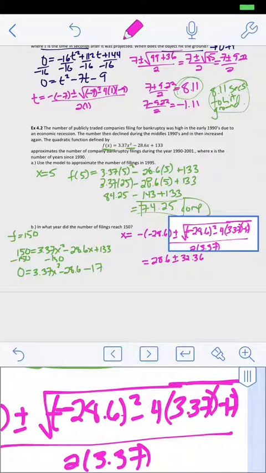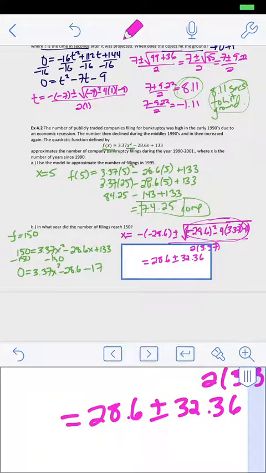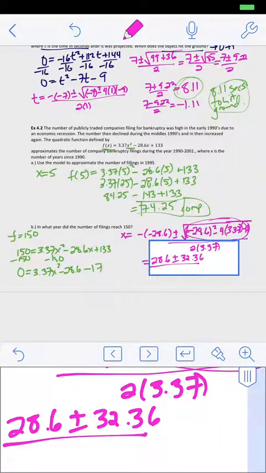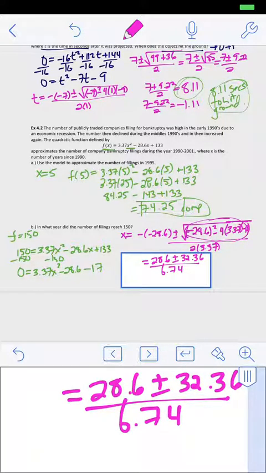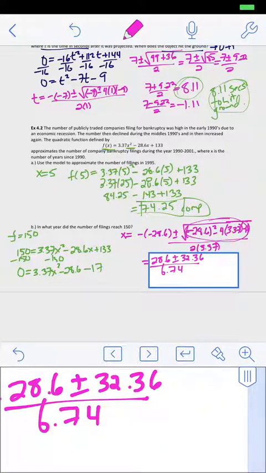So all I've done is found this discriminant right here. I put this whole thing into my calculator, essentially. That helped me find that, and that is now over 2 times 3.37, which is 6.74. That's what I thought. Cool. Now I've got two answers. I can separate them out.